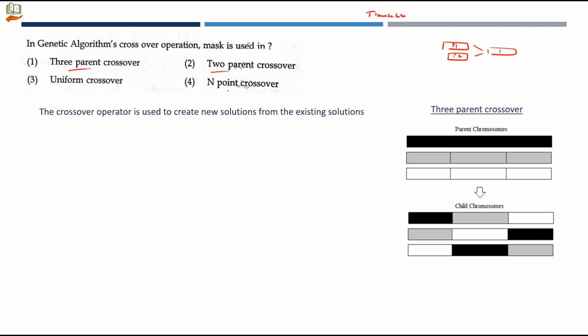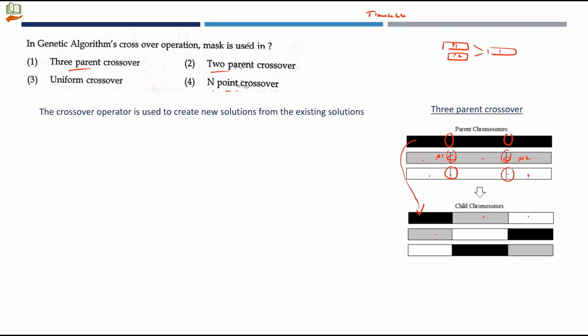What is n-point crossover? If you take a parent, the parent is split into 3 parts. By how many points? This is point 1, this is point 2. I can say this is 2-point crossover because this parent is divided by 2 points, this parent is divided by 2 points, and even this would have been divided by 2 points. We cannot see this in black color. Since there are 2 points in the parent, 1 part of the parent will stay as it is.